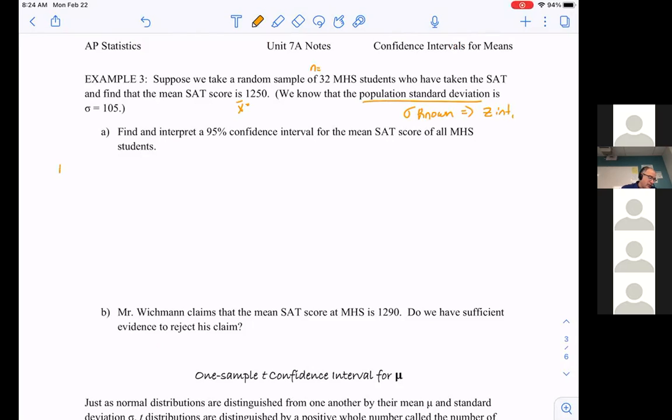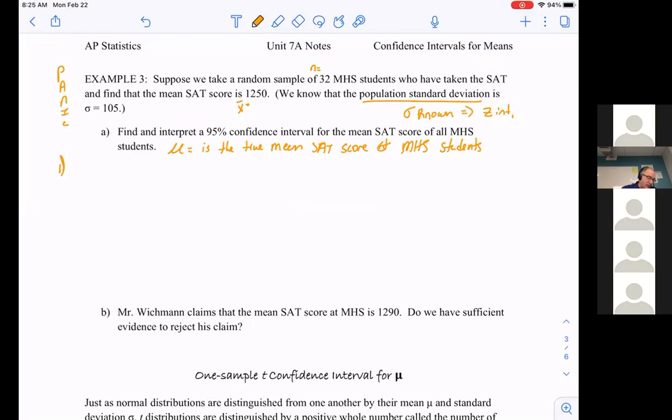Okay, so again, here we go. Mean mu is the true mean SAT score of MHS students. Hopefully by now we just know what we need in PANIC, and PANIC is what we're going to follow.